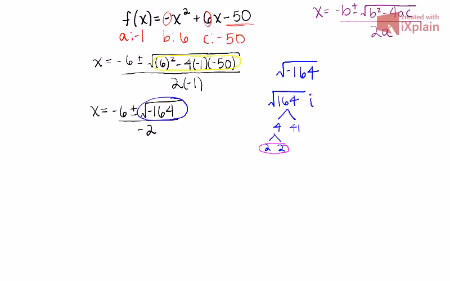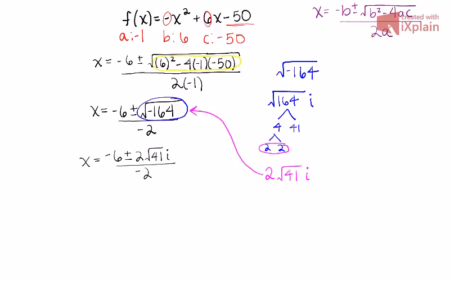So ultimately, the square root of negative 164 will simplify to 2 radical 41 i. So I could substitute it in for the square root of negative 164, so that my new equation will become x equals negative 6 plus or minus 2 square root 41 i, all divided by negative 2.